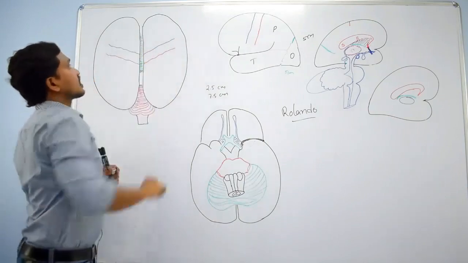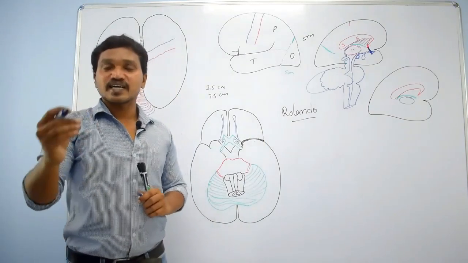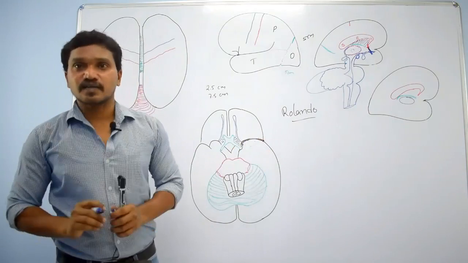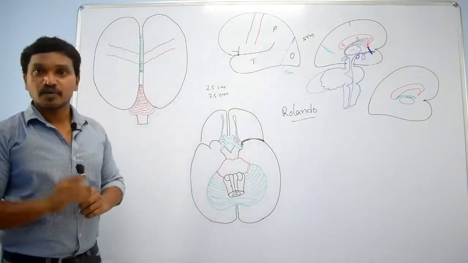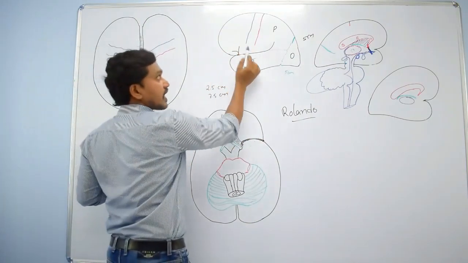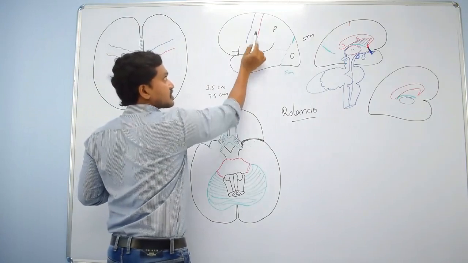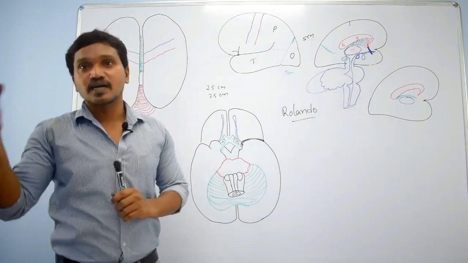This sulcus what we call precentral. Pre means before, central means central sulcus, in front of central sulcus. So this is precentral sulcus. Because of precentral sulcus, now formation of gyrus between the precentral sulcus and central sulcus. This gyrus what we call precentral gyrus.